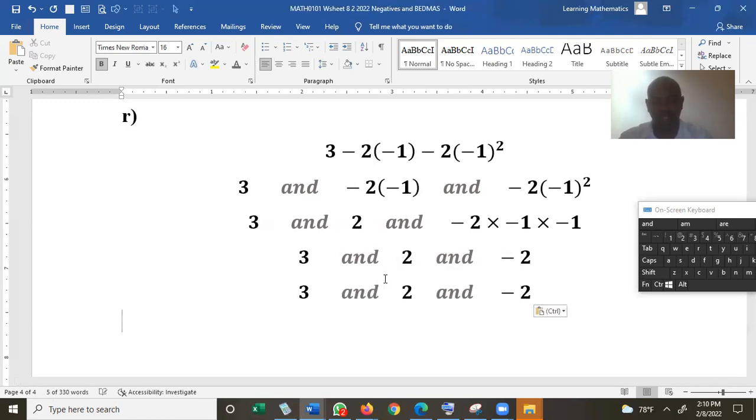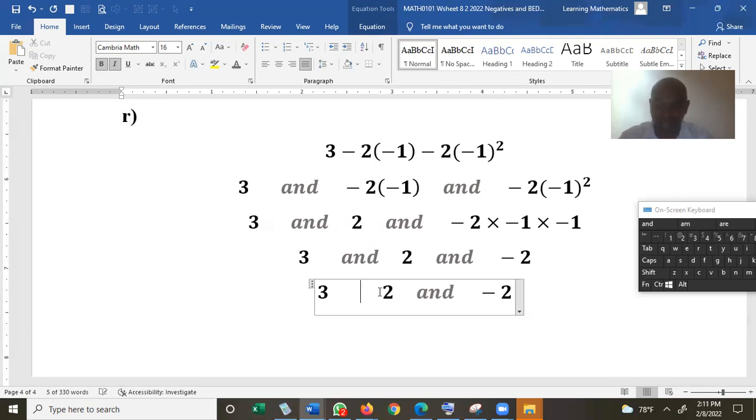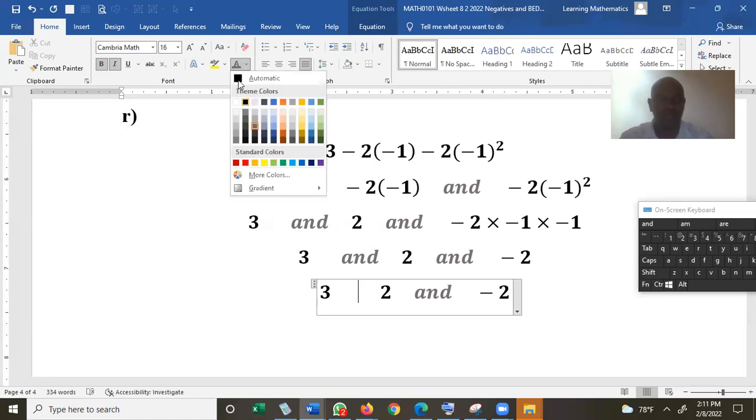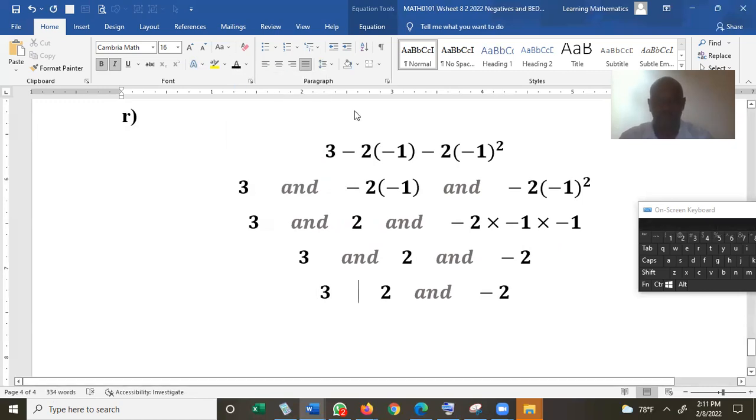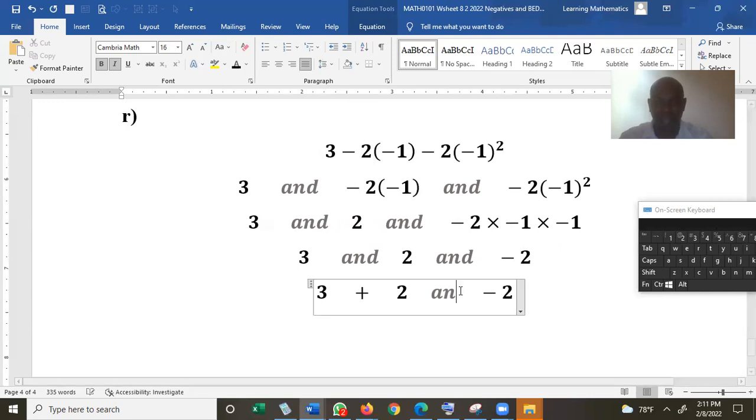That is 3 plus 2, plus 2, that's 5. And the negative 2: 5 take away 2 is 3. We can put the 3 below it.